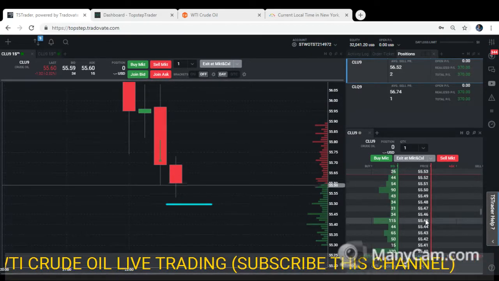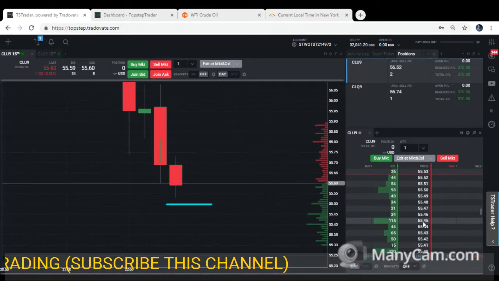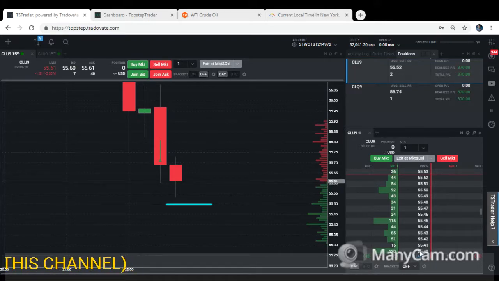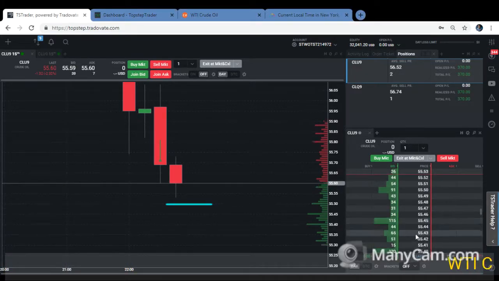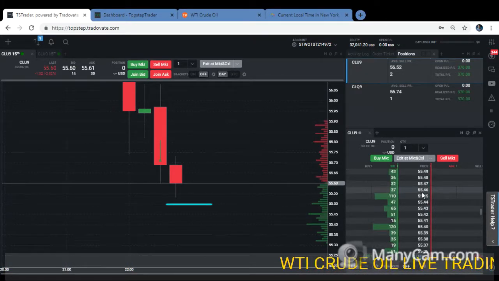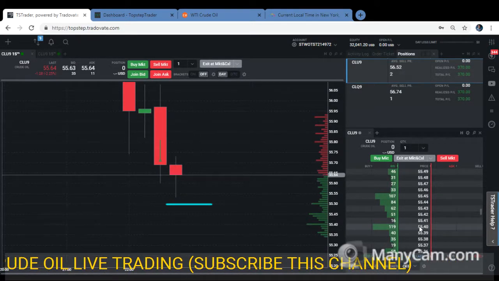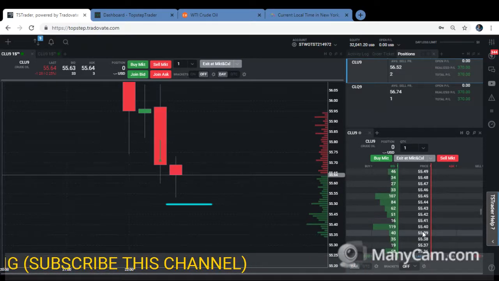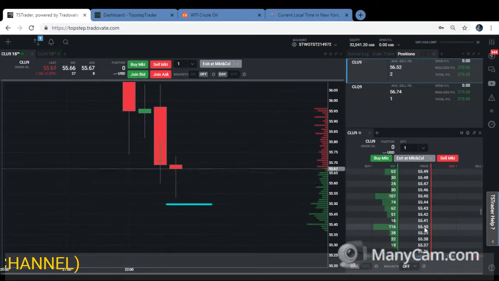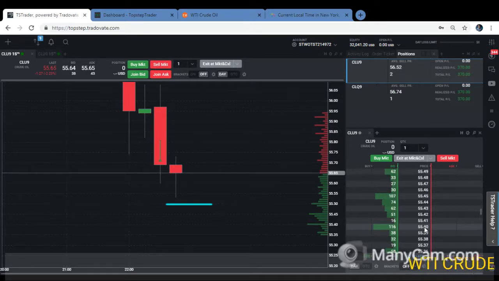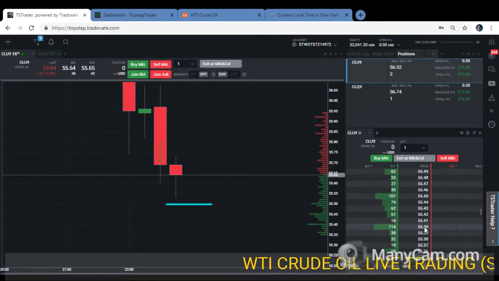No matter what, there's still high volume waiting at 55.45 and 55.40. So just take a look at this DOM. You can see clearly there's a high volume waiting at 55.45 and 55.40. Do you know why? Quite interesting, huh? I've traded for 9 years, so all this volume is quite important to know where the market is going.